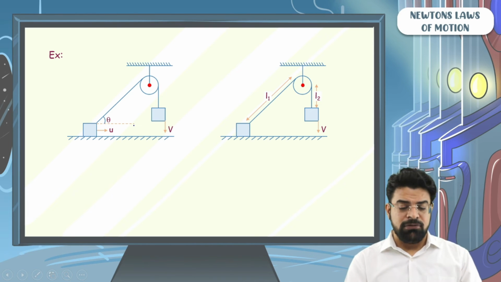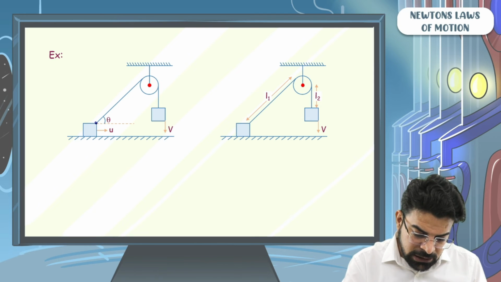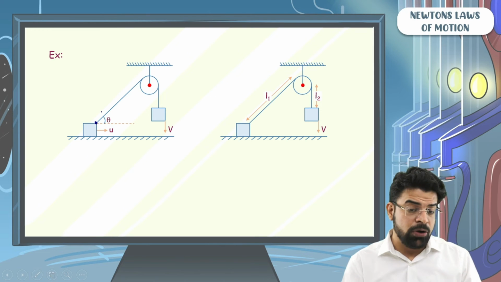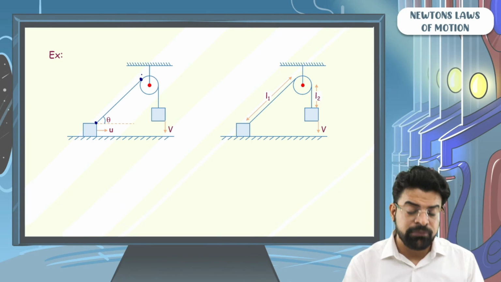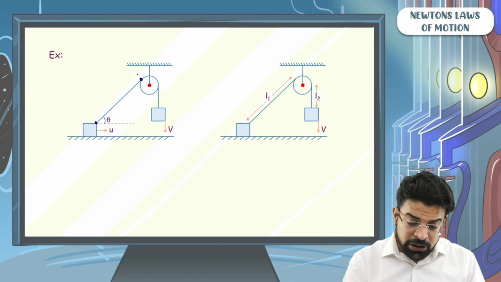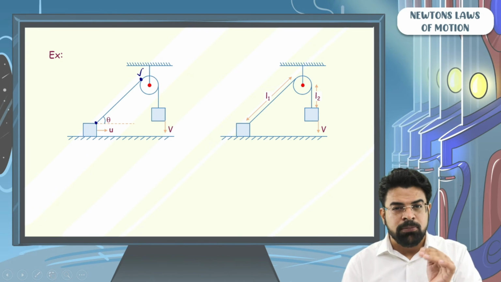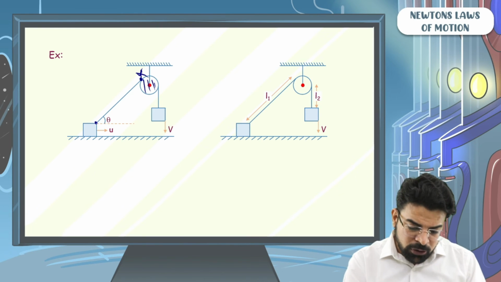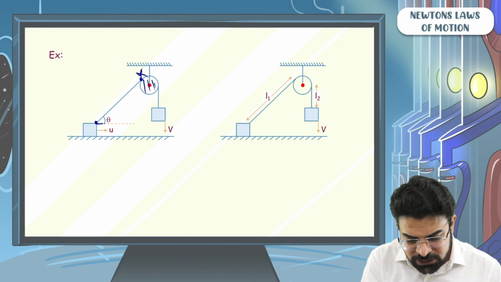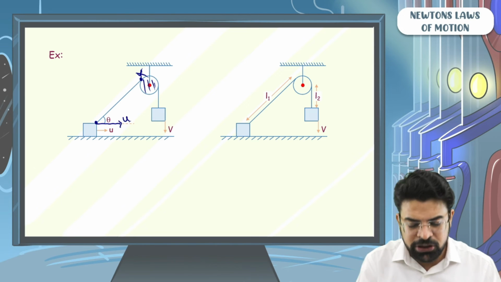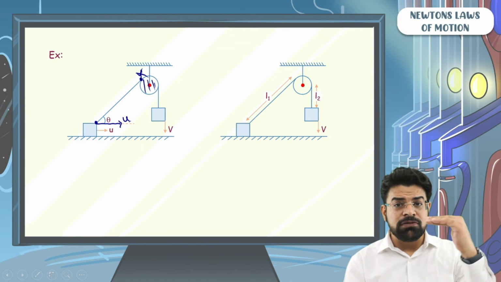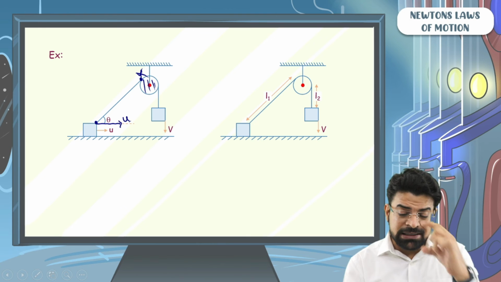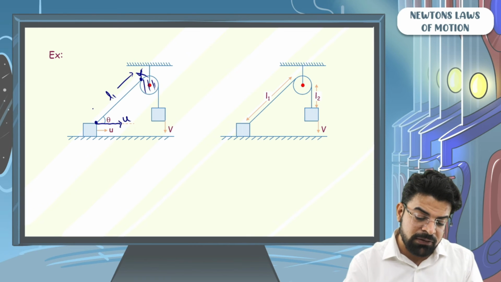So what is L1? The length 1 is the length from where the string touches the block to where the string touches the pulley. Does this point on the pulley where the string touches the pulley move? No sir, the pulley is fixed, so this point doesn't move. What about this point? So this point actually now moves horizontally with a speed u. Because of this motion of the point, what is the rate of change of length 1 with respect to time?